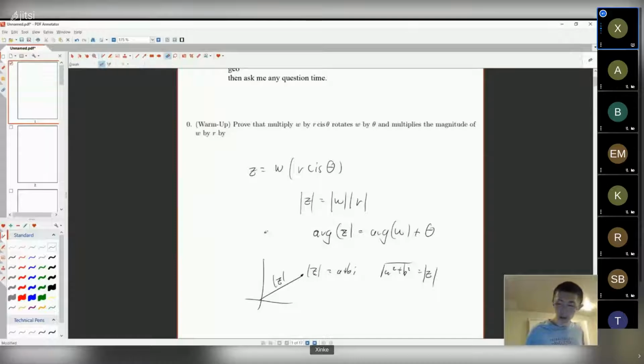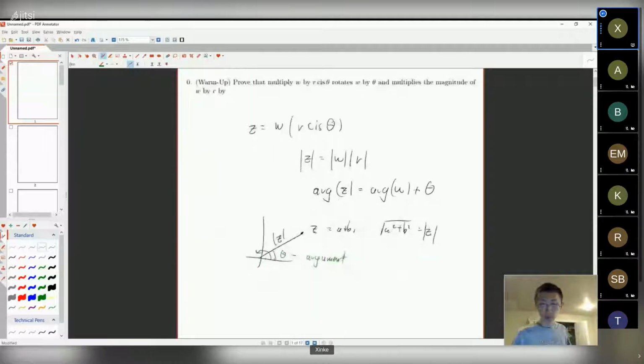So it's the distance from the number to 0 plus 0i. And the argument is just the angle it makes with the positive real axis. So that's the argument of Z. Whenever we talk about angles, we'll always go from the positive real axis, counterclockwise.